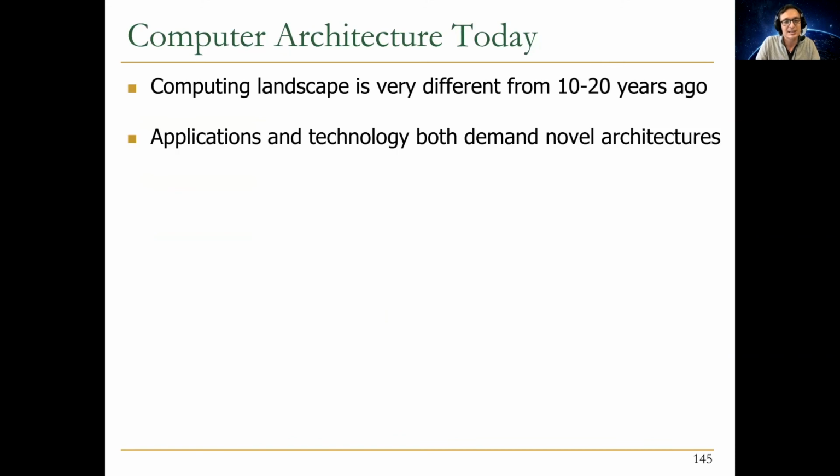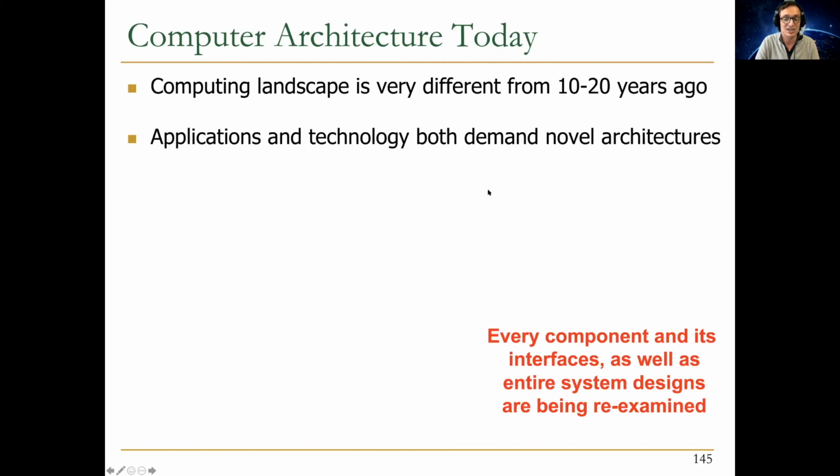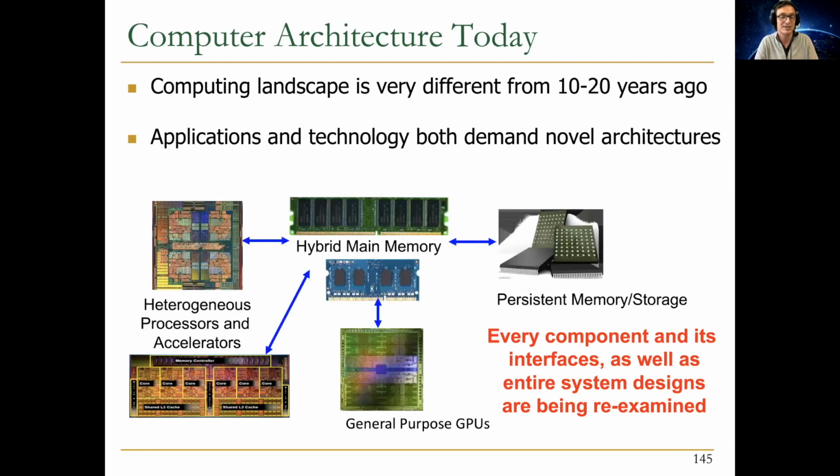As a result, the computing landscape today is very different from 10 to 20 years ago, even 5 years ago, actually. A lot of the innovations that I showed you happened in the 2019 to 2021 timeframe. And again, this slide I already used: applications and technology both demand novel architectures. As a result of everything that I described, every component and its interfaces, as well as entire system designs, are being re-examined today.